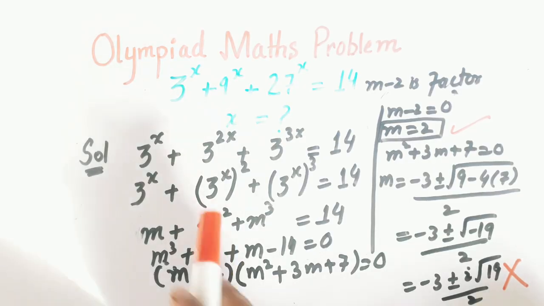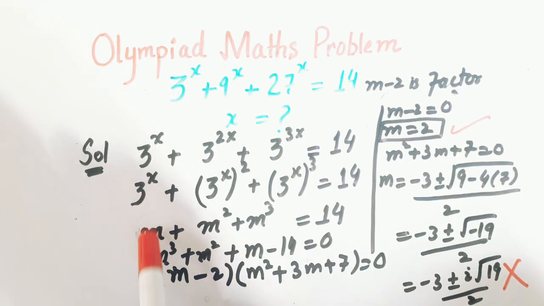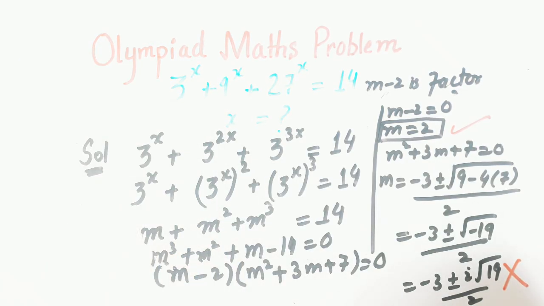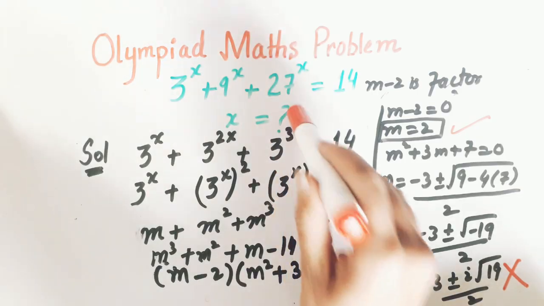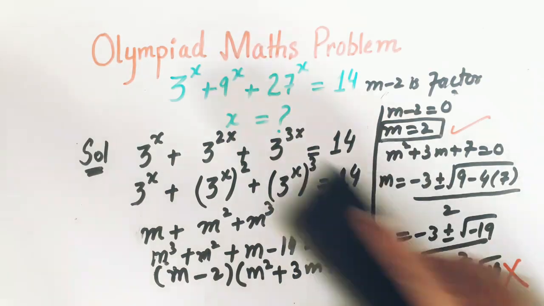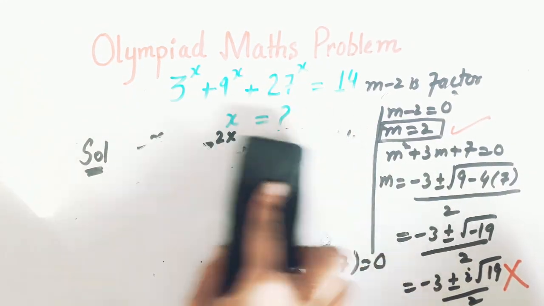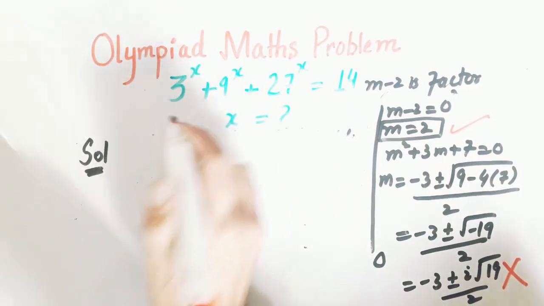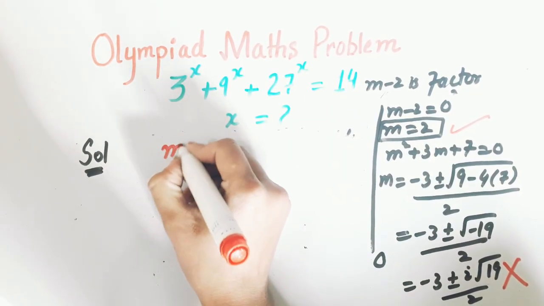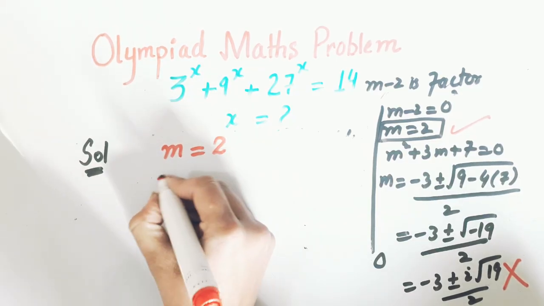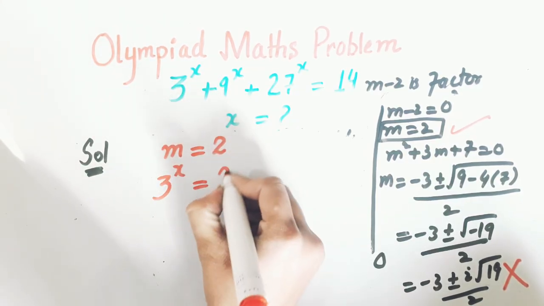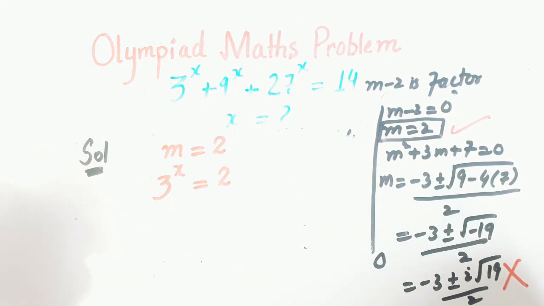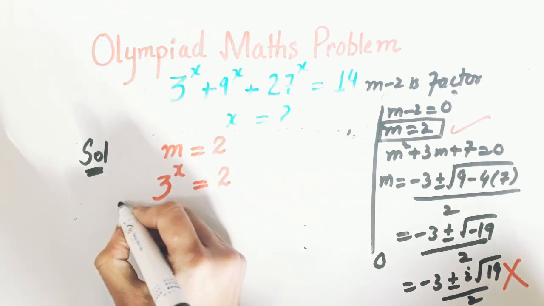Now we have supposed 3 raised to power x equals m. Now we have to find in the question the value of x. For this purpose, we will write m equals 2 and m equals 3 raised to power x. Now we have to find the value of x. It means we will take log on both sides.